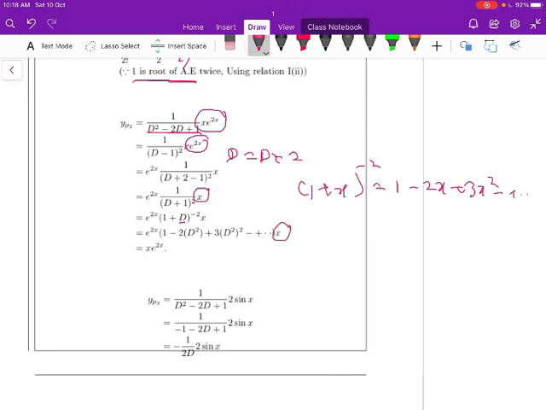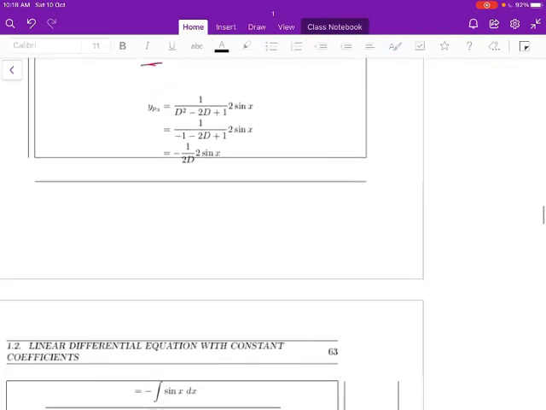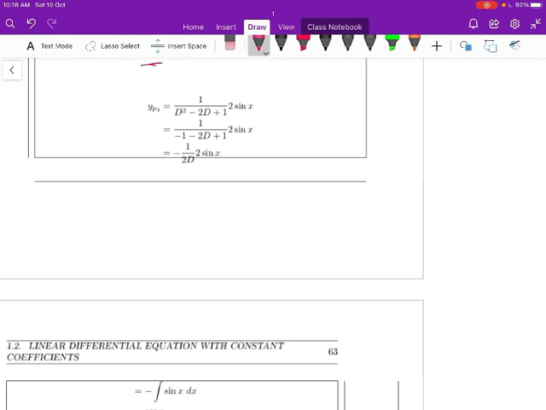So higher terms are not required, because the degree of the polynomial is 1 here. So up to first order is enough. Second order we can simply neglect. e power 2x into 1 into x; if you differentiate 2 times, that is 0. So yp2 is x into e power 2x.